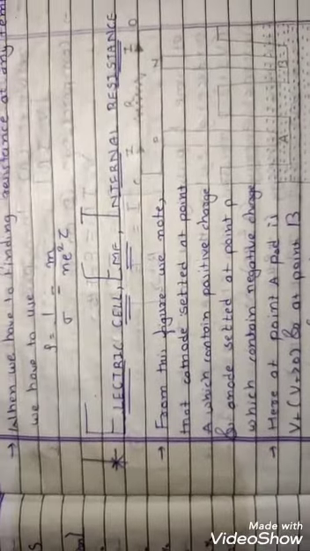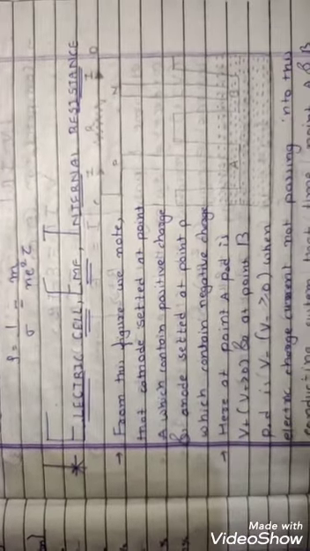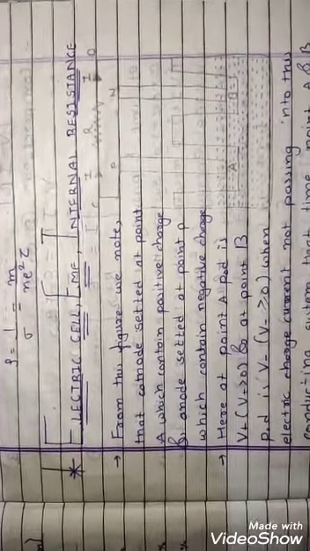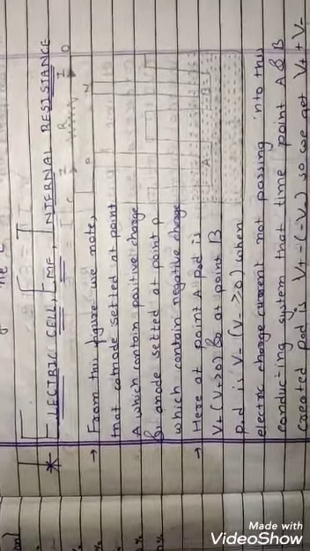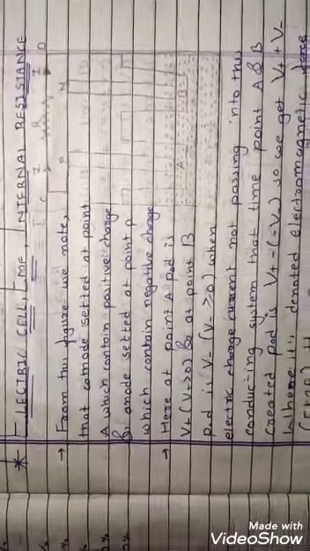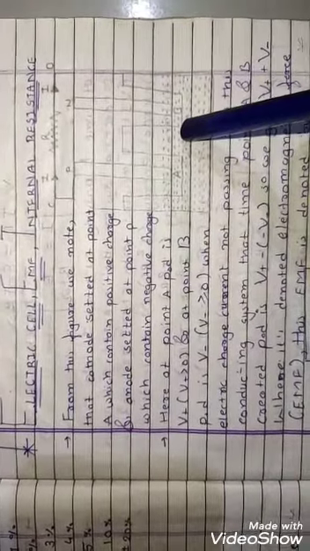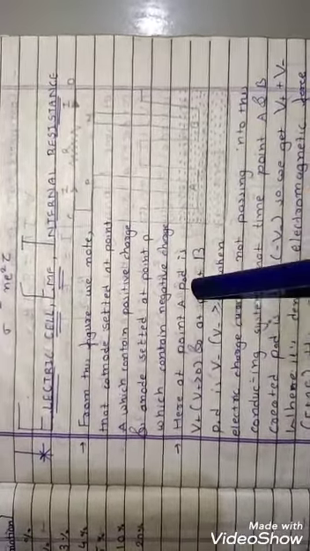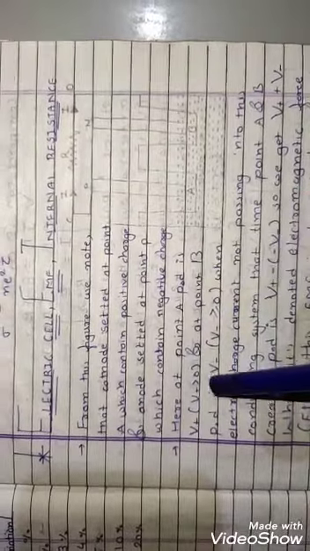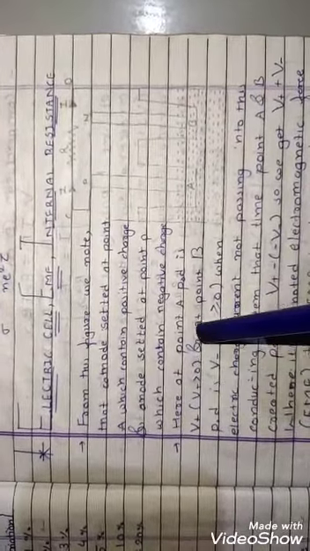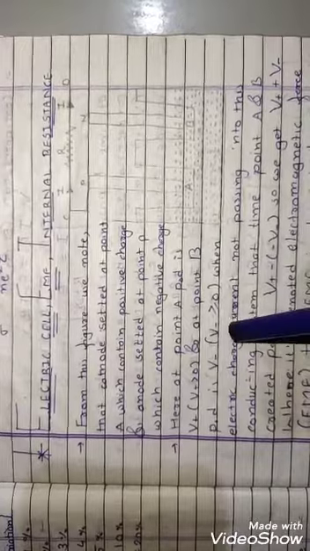Second topic, electric cell EMF and internal resistance. From this figure we note that cathode set at point A which contain positive charge and anode set at point B which contain negative charge. Here is positive charge and here is negative charge. Okay, here at A potential difference is V plus and point B potential difference is V minus.